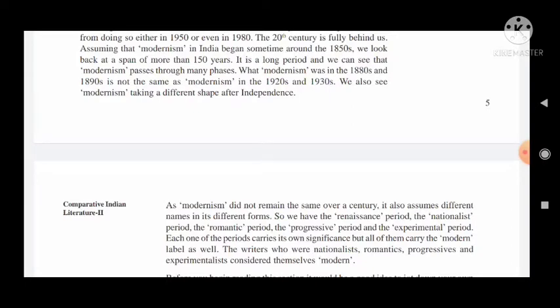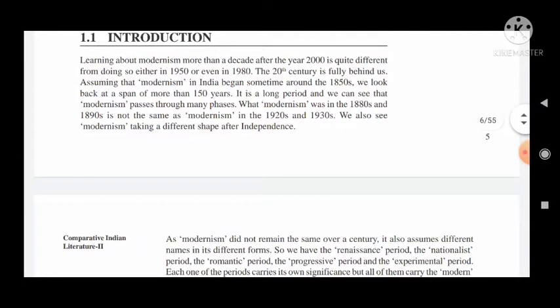What is postmodernism and what is post-modernism? Here it is 1950 to 1980. Learning about modernism in 2000 is quite different from doing so either in 1950 or even in 1980. So the 20th century is fully behind us. Modernism in India began sometime around the 1850s, so we look back at a span of more than 150 years.